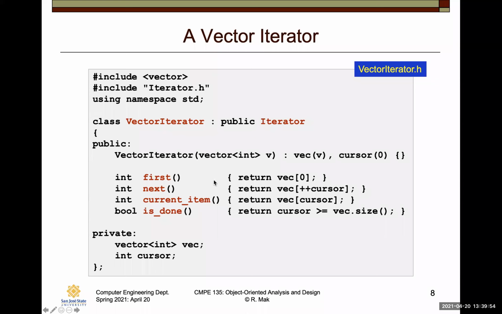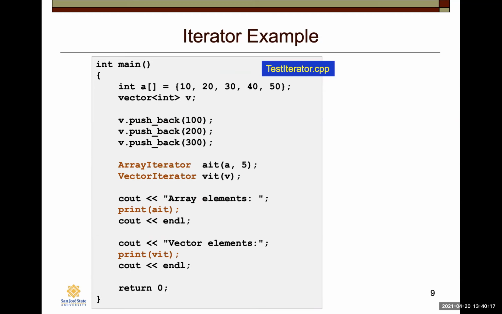And so here's first, next, current item, and is done, which checks to see if the cursor has reached the end of the vector. So here we have two iterators that happen to look very similar, one for an array and one for a vector. Let's see how we can make use of this.